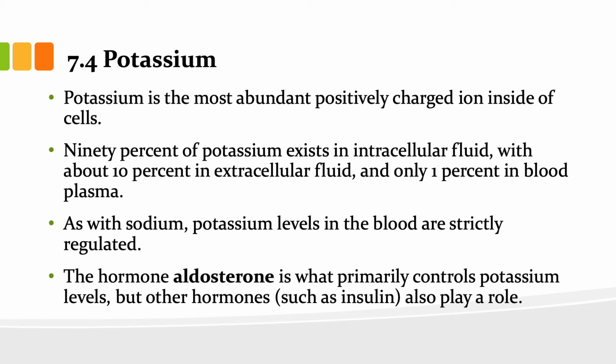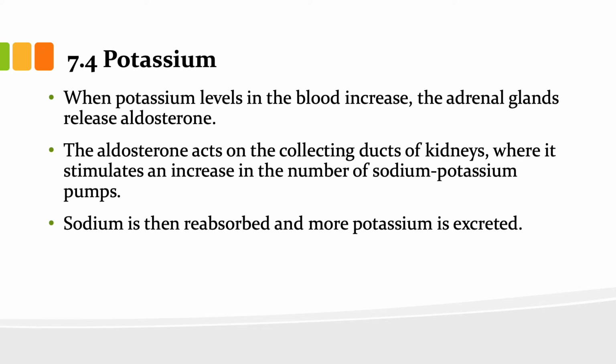The hormone aldosterone is what primarily controls potassium levels, but other hormones like insulin also play a role. When potassium levels in the blood increase, the adrenal glands release aldosterone. The aldosterone acts on the collecting ducts of the kidneys, where it stimulates an increase in the number of sodium-potassium pumps. Sodium is then reabsorbed and more potassium is excreted.